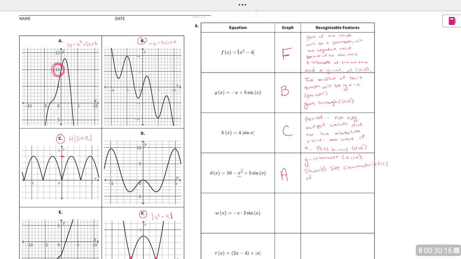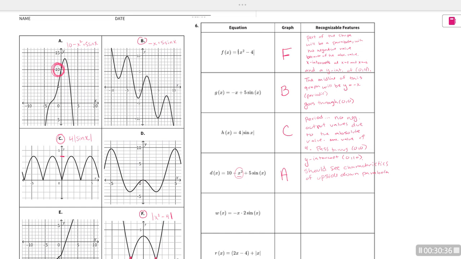And not only of a parabola, but since it's negative, of an upside down parabola. Which we do, right? We see that upside down parabola right there showing itself.